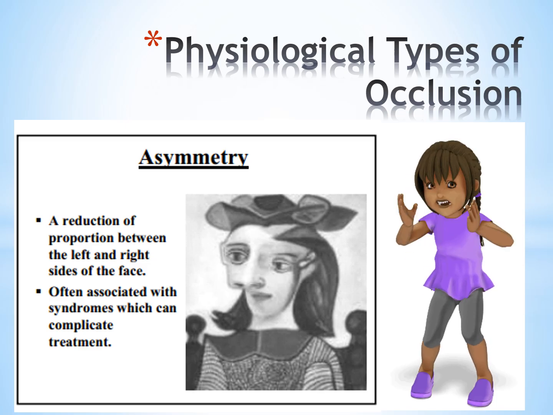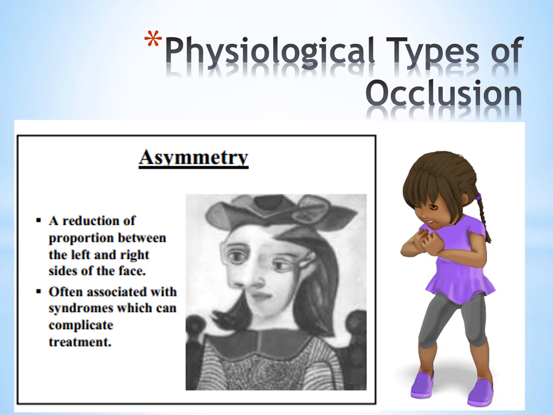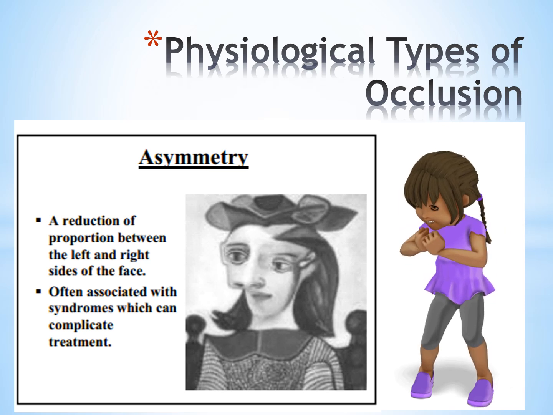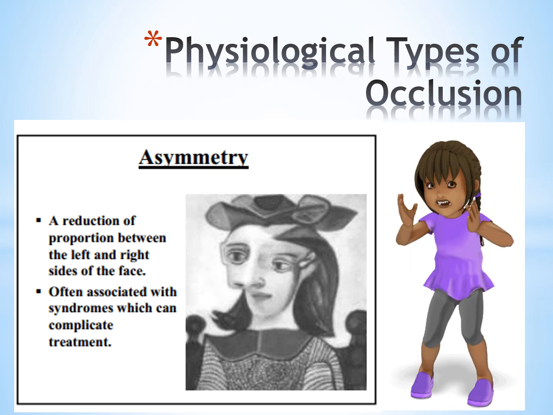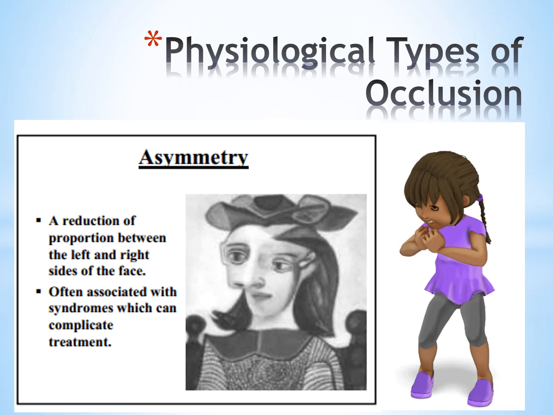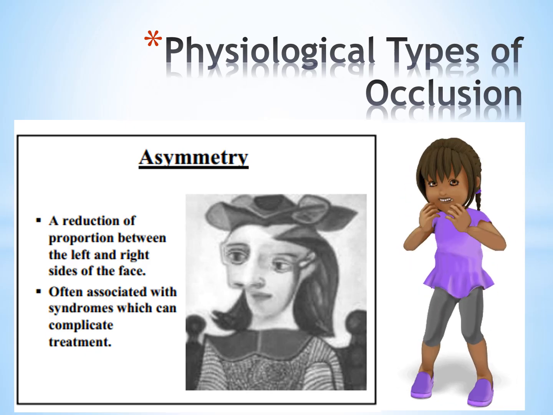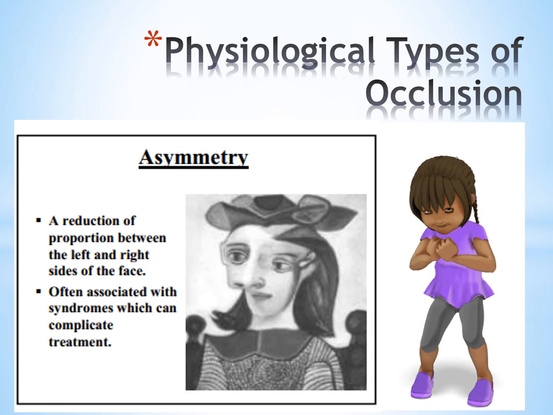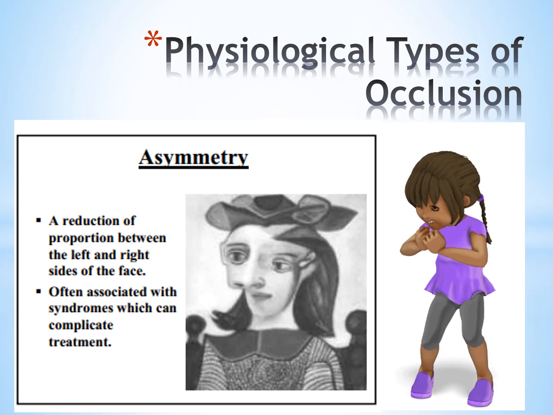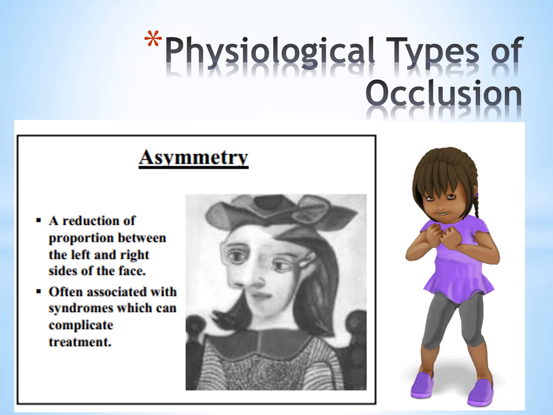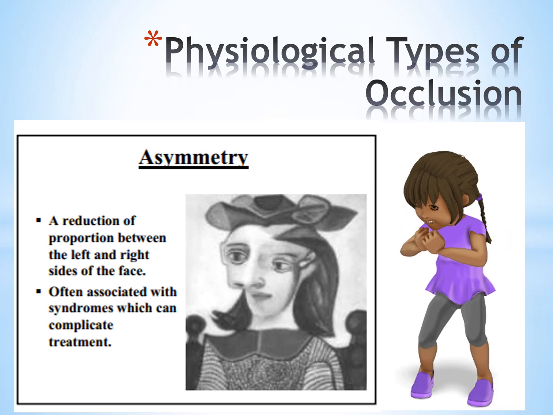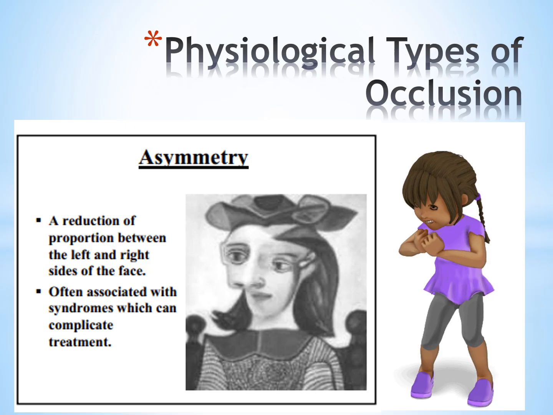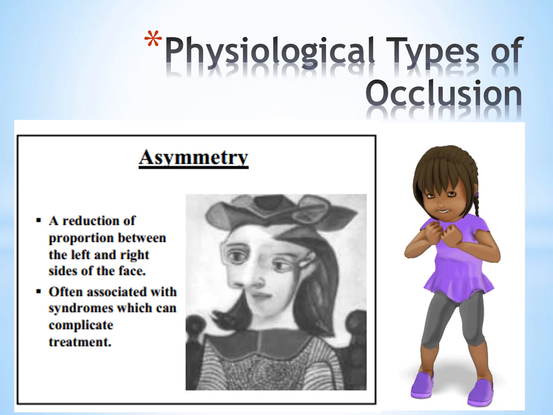But we need to know about the opposite situation to symmetry, asymmetry. What does it mean, asymmetry? Asymmetry is a reduction of proportion between the left and right sides of the face. And this pathology is often associated with syndromes which can complicate treatment.